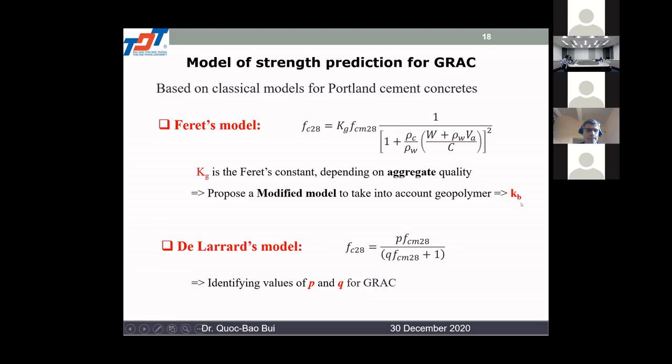So we don't use only cement, but we use binder. The second model is the Bolomey model, and we must identify the values P and Q for GRAC instead of P and Q for natural aggregate and cement concrete.